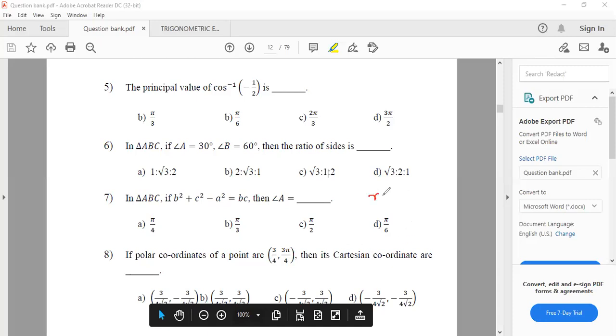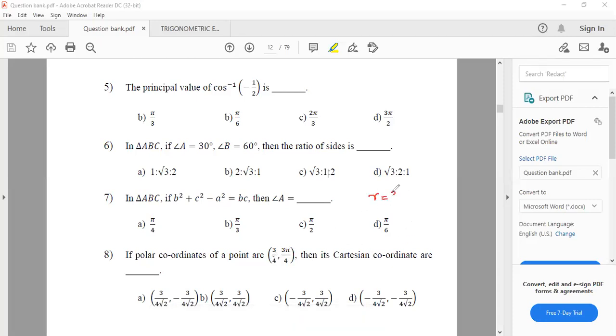What is r here? 3 by 4. What is theta here? 3 pi by 4. What do you want to calculate? Cartesian coordinate. What is the formula for Cartesian coordinate? r cos theta, r sin theta. Now put the value. r is 3 by 4, cos 3 pi by 4, and r is 3 by 4, sin 3 pi by 4.